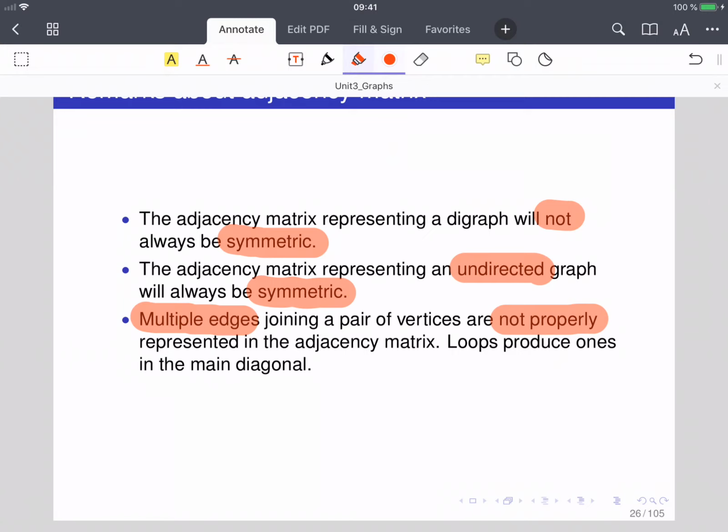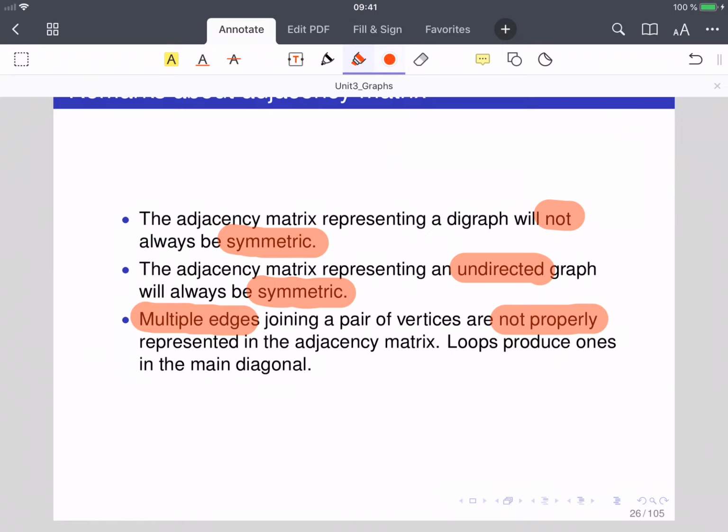So for instance, if we have 3 edges from vertex 2 to vertex 5, then in the position in row 2 column 5 we write a 3. We write the number of edges that connect those vertices.